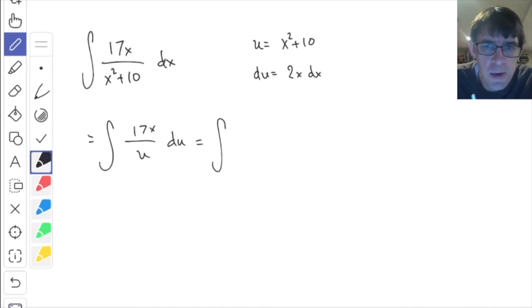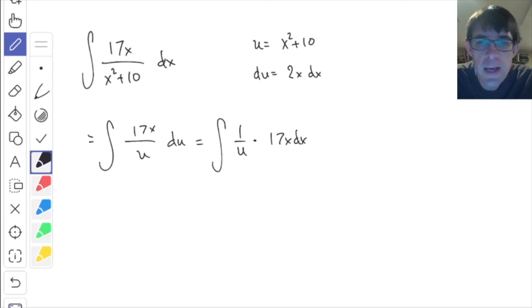Now, how do you separate out a fraction like that? It would look like this: 1 over u times 17x dx. This is how I would try to separate that fraction out to isolate the 1 over u, which is fine. Like that, I have already substituted. The 17x dx is the stuff that is a pain to work with.